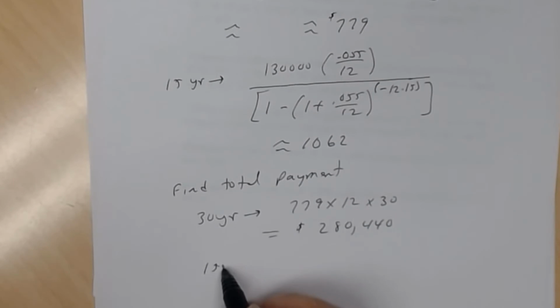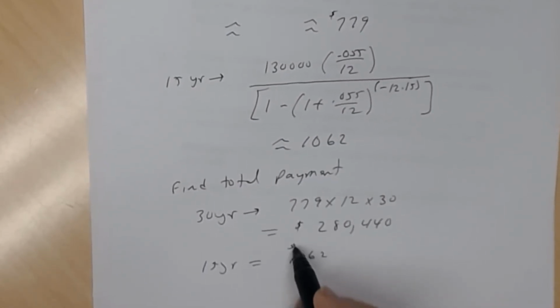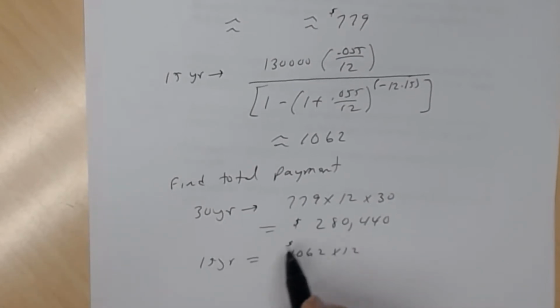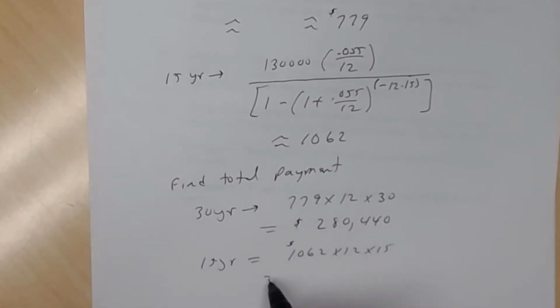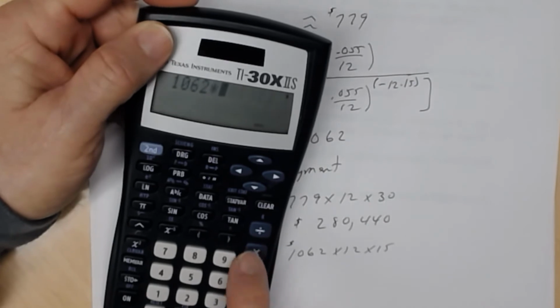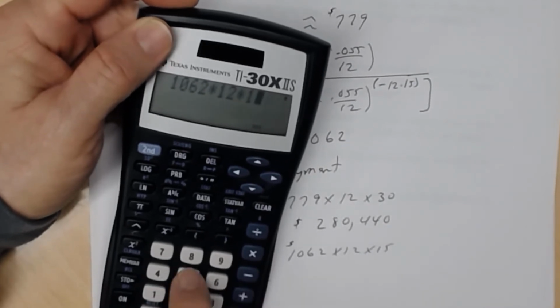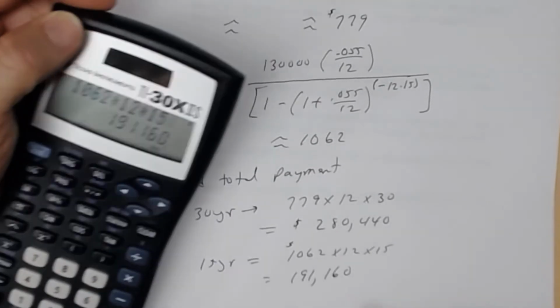Okay, 15-year will equal $1,062 times 12. So that's how much I would end up paying in 1 year, but this is over 15 years. And so let's see how much that is. So 1,062 times 12 times 15 gives me $191,160.